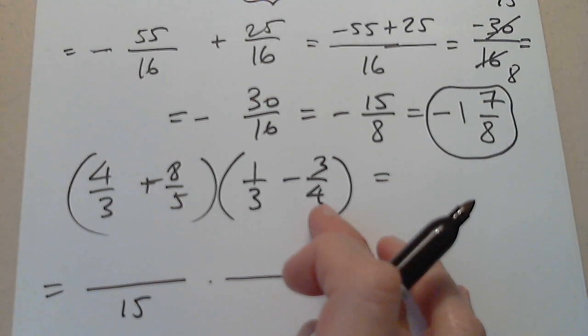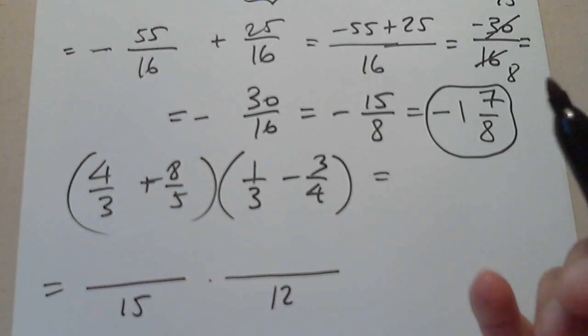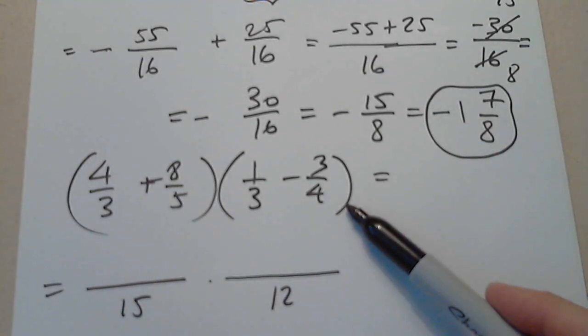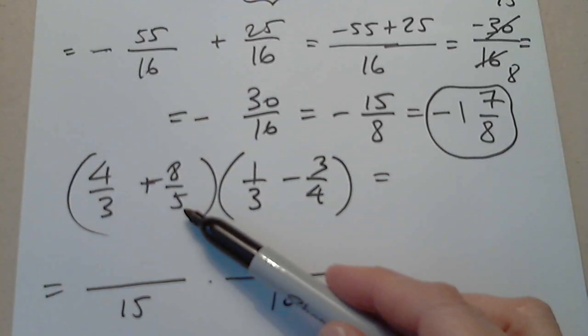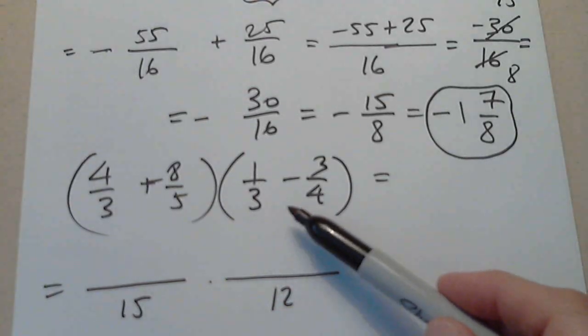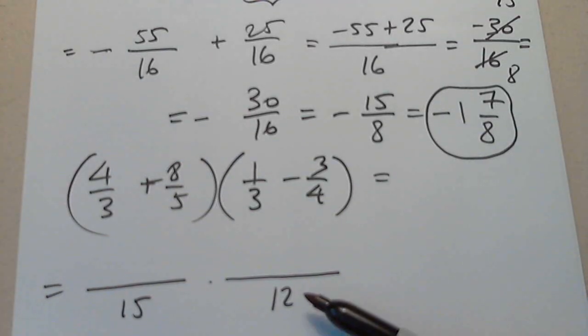Can anyone give us the least common denominator for the other set? 12. Yes, indeed. And the reason is they don't have any common factors. 3 and 5 have nothing in common, meaning no common factors. Excellent. 3 and 4 have no common factors. That's why it's the product. Good, excellent. Good progress so far.